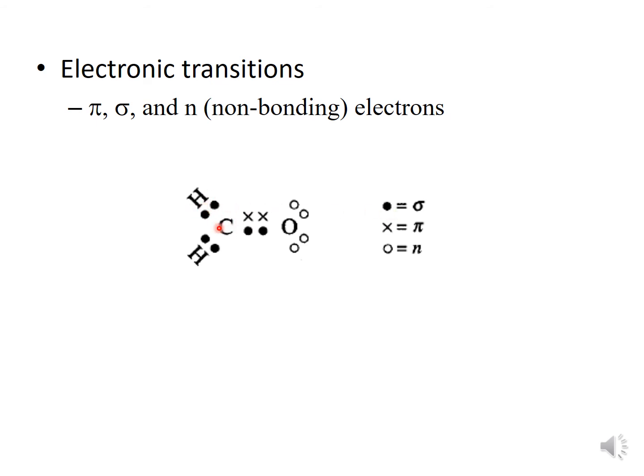The carbon and hydrogen will have what we call a sigma bond, and between carbon and oxygen there will be one sigma bond and one pi bond. So this represents the double bond. And here we have this non-bonding electron, which is what we call a lone pair.